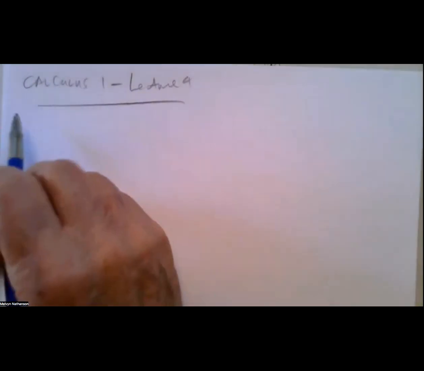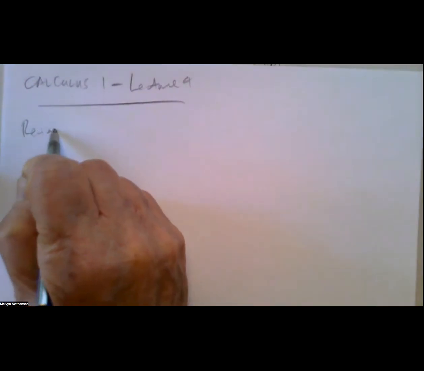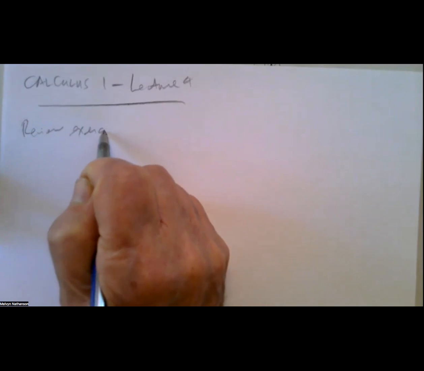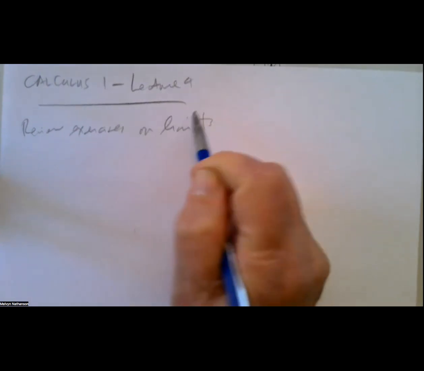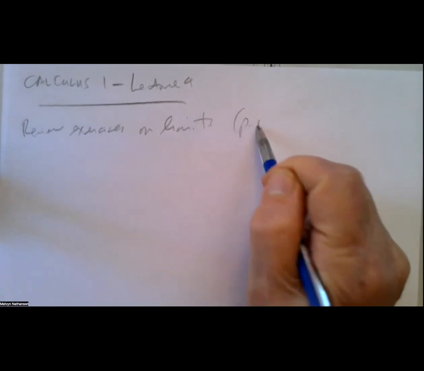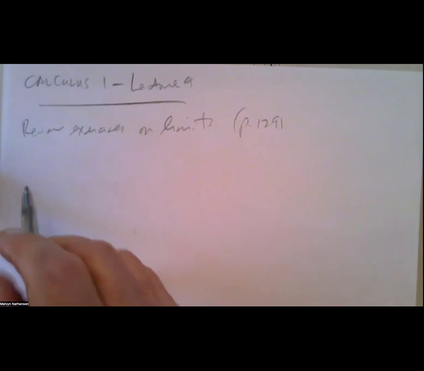So I'm just going to start with some of the review exercises on limits. I'm going to look at some of the problems in my version of the book on page 129. Typical problems are like this.